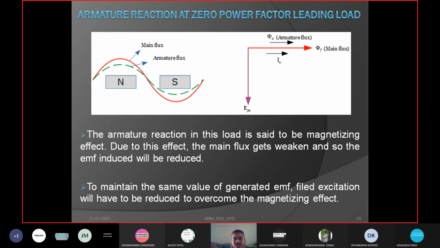In unity power factor, the effect is cross magnetizing, that is, the distorting effect. For a lagging power factor load, the armature reaction effect is demagnetizing. Whereas for a leading power factor load, the effect of armature reaction is of magnetizing type.